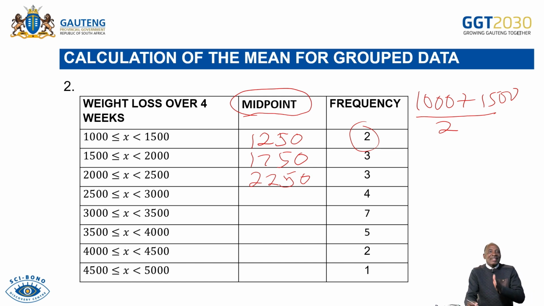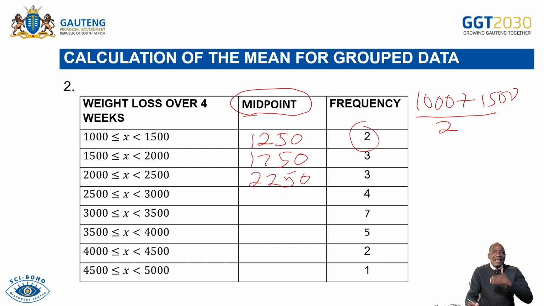From 1,500 to 2,000 there is a gap of 500 again. When you look across or down the classes, there is a gap of 500 throughout. So it means even the midpoints will maintain the same gap. That's the beauty of mathematics. There is always uniformity in what we are doing.